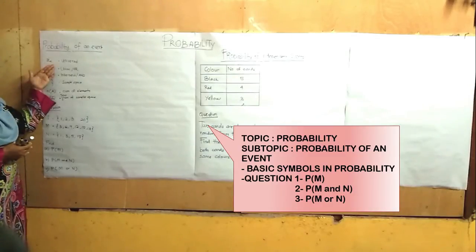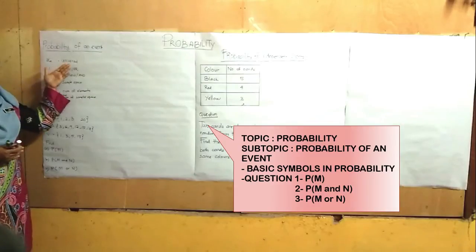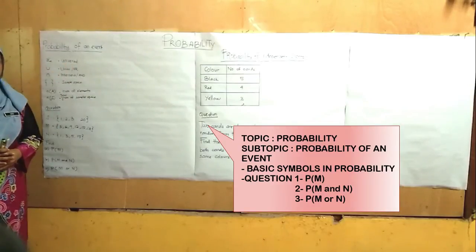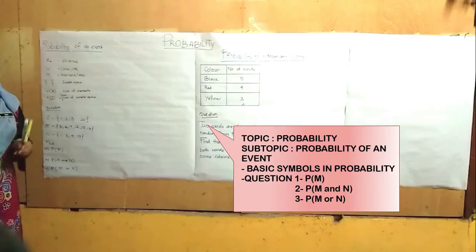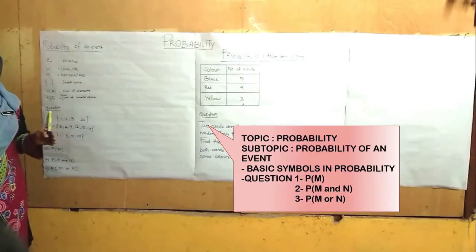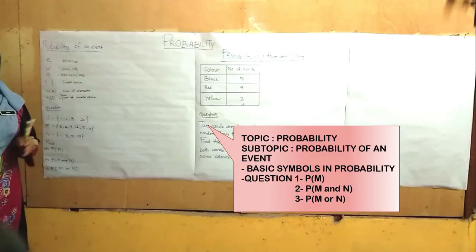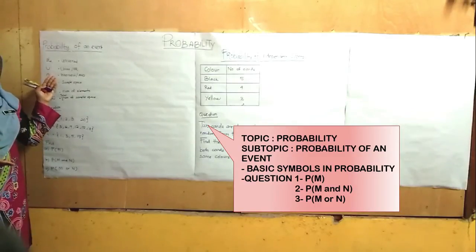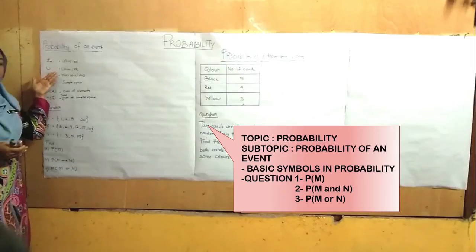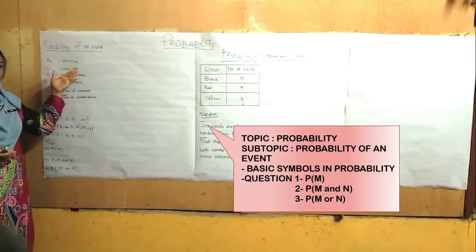So the first symbol is universal. Universal means the whole elements or the whole thing in the event. So it includes two or more events in the universal. The next symbol is union, or.